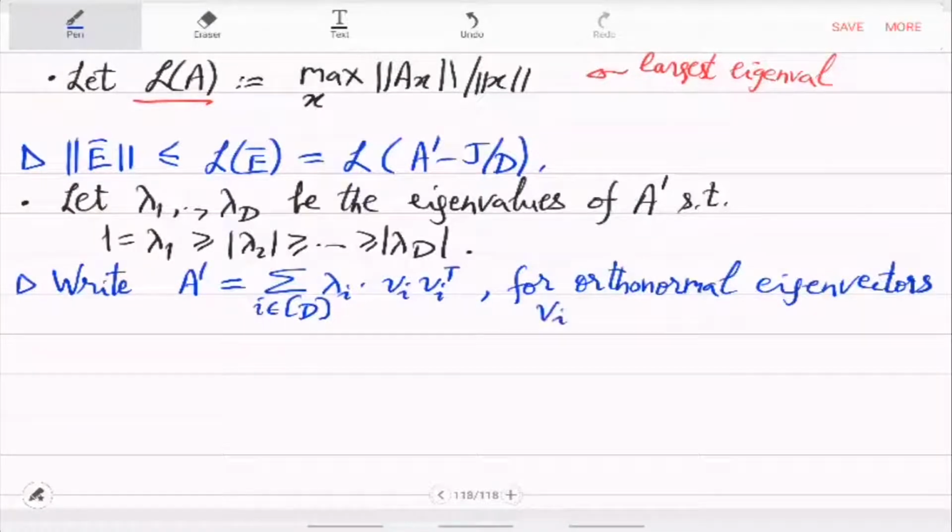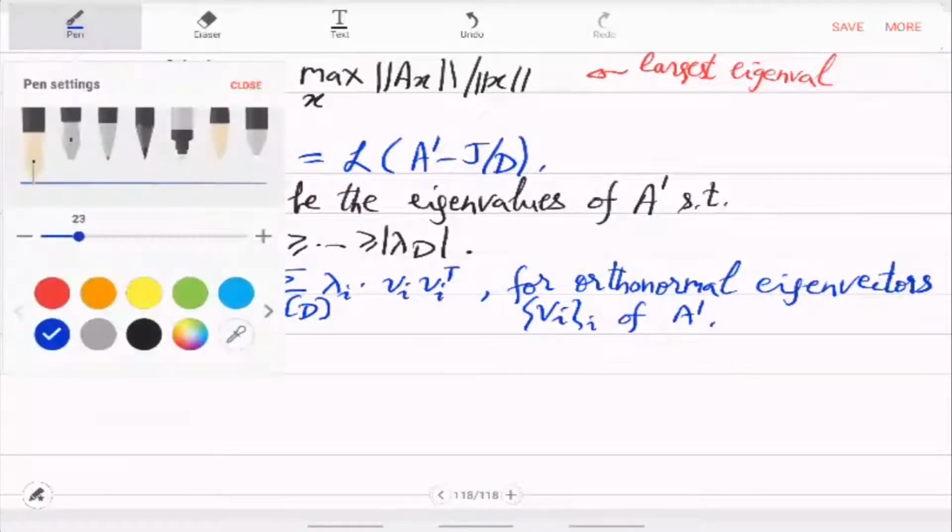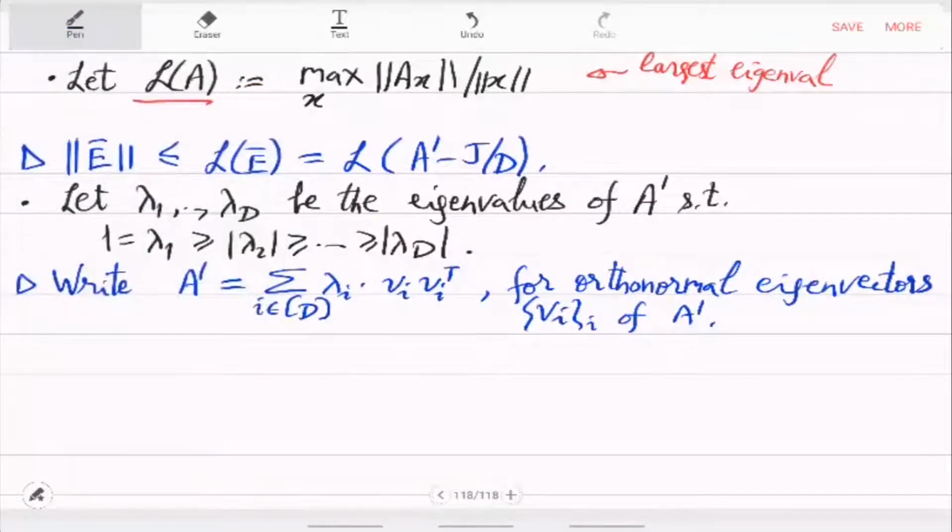I leave this as an exercise. This is a standard fact from linear algebra that A prime has real eigenvalues, then it has real eigenvectors, and in fact, it has eigenvectors which are unit and orthogonal, which means that they form an orthonormal basis. With respect to that, you can write A prime like this, sigma lambda I vi vi transpose. And let us use this expression to bound the norm of E bar.